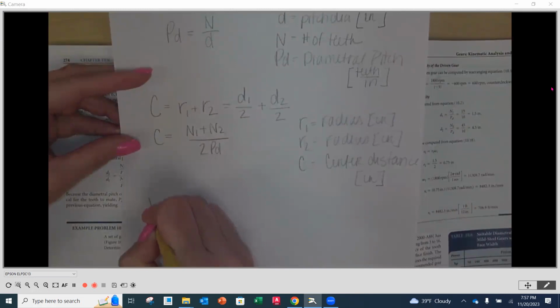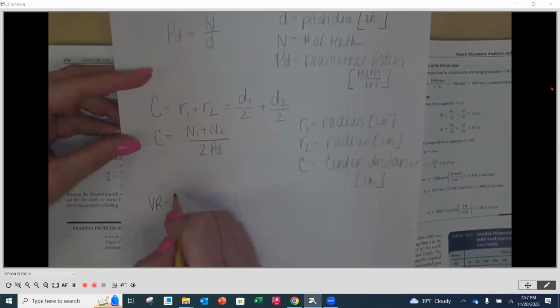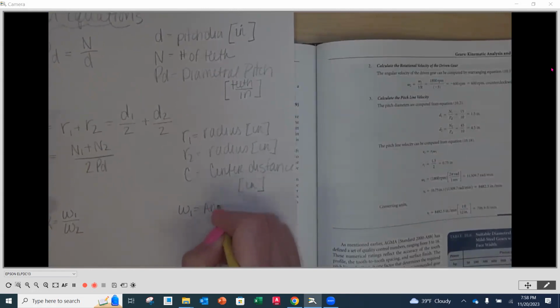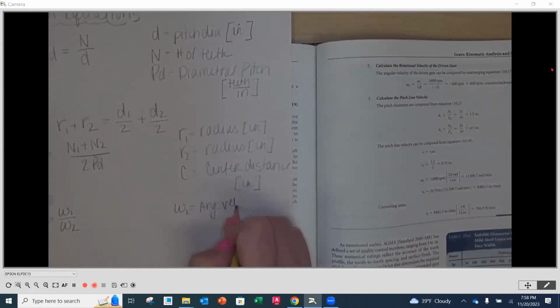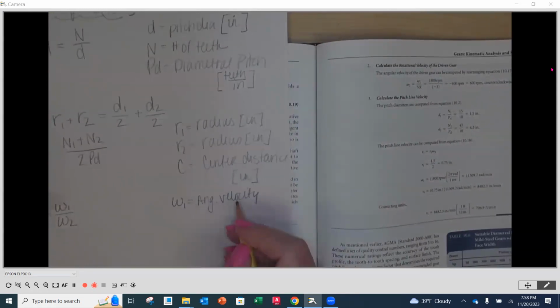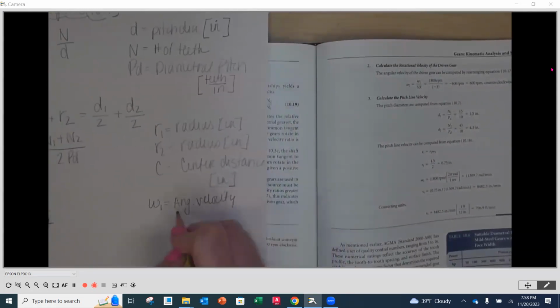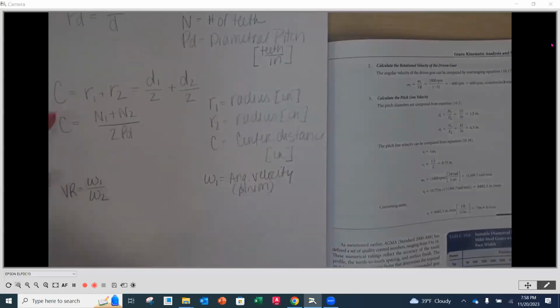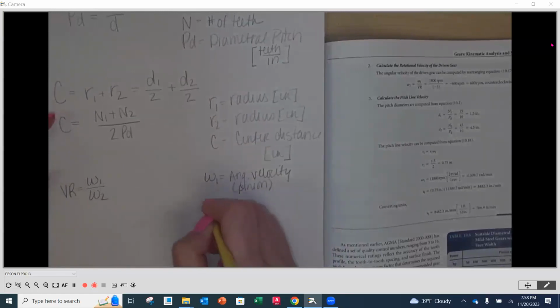We're going to say velocity ratio is equal to W1 divided by W2. W1 is the angular velocity, what we've been using here, but this is of the pinion, the faster moving, smaller gear.